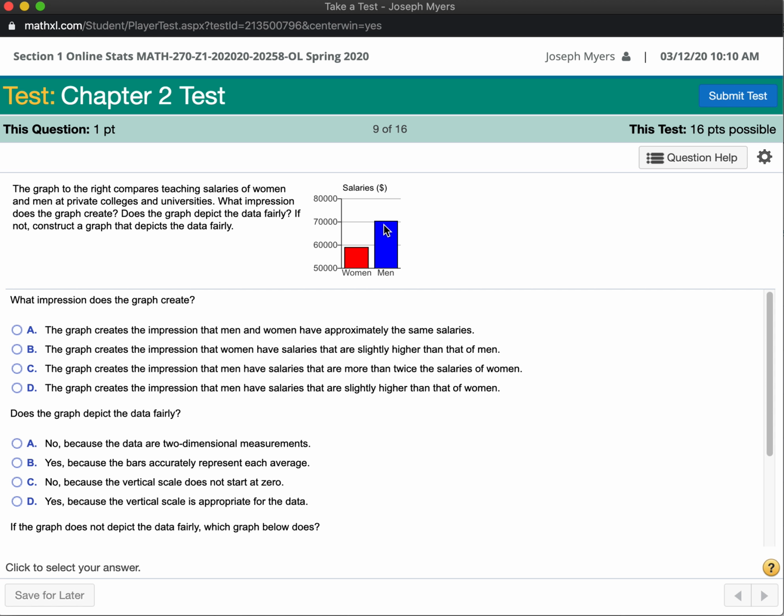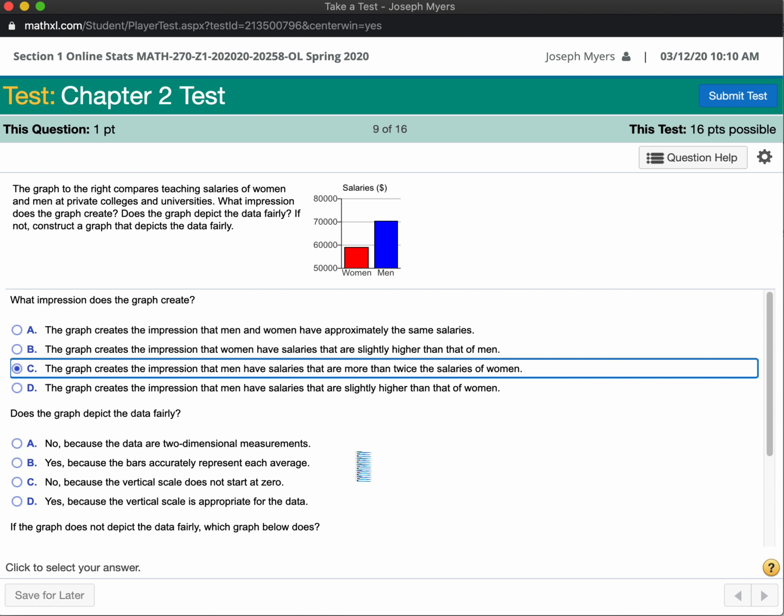So this looks like the men have a salary that looks more than double that of women. According to this graph, it looks that way. Now, if you look at the numbers, you can tell that it's not. But the height of this blue bar is more than twice the height of the red bar. So this graph creates the impression that men have salaries more than twice the salaries of women.